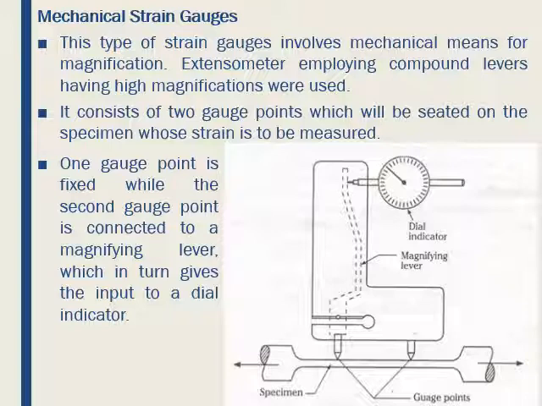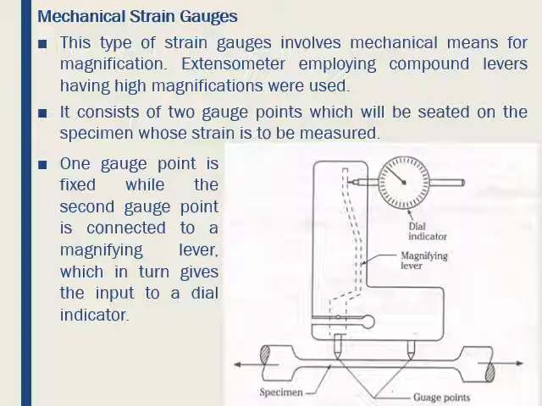Coming to the first one, mechanical strain gauge. Further in this video, I am going to discuss the mechanical type of strain gauges and the optical strain gauge. Let us go with the first one, mechanical strain gauge.